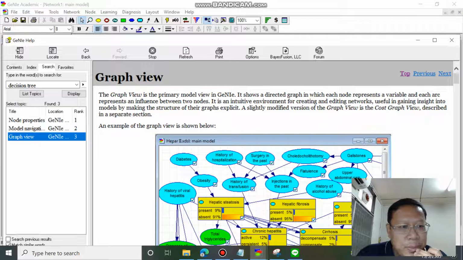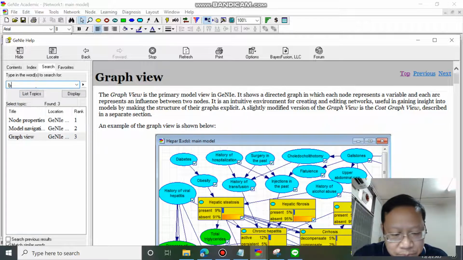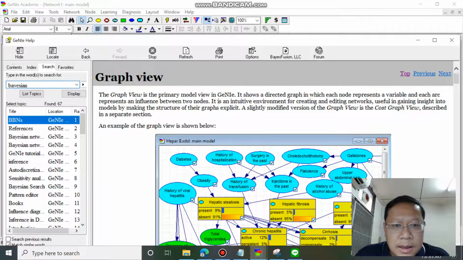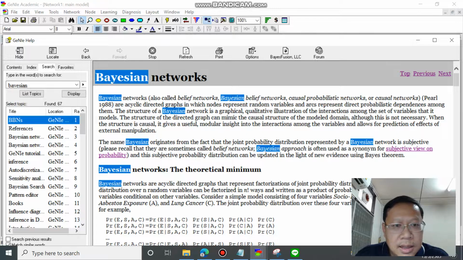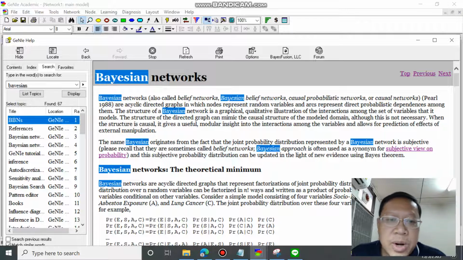Okay, let's check Bayesian. Let's check the Bayesian. Just have a look at the concepts of Bayesian networks together, to gain more understanding.